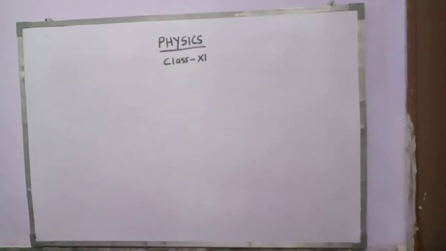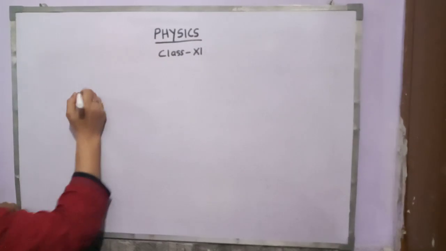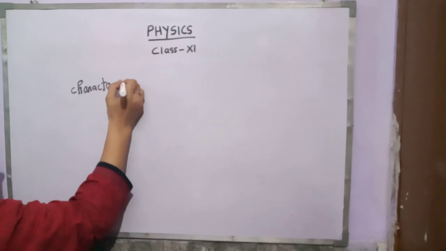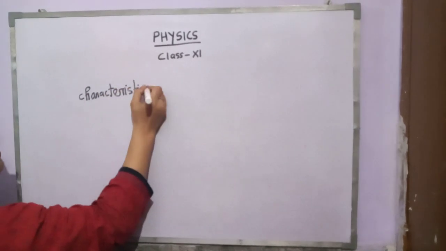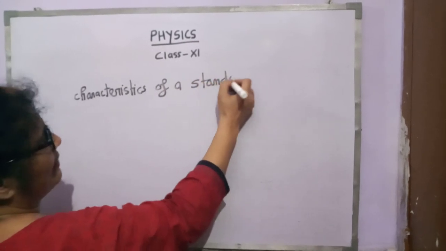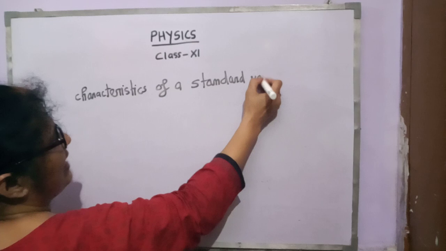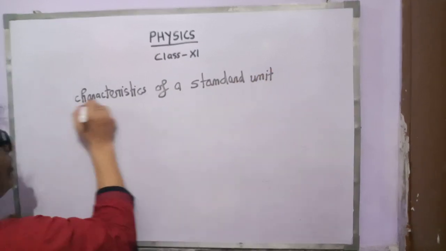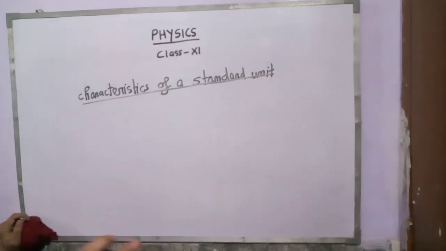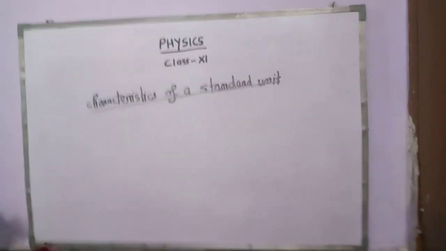Now there are many different types of unit, but what do you mean by a standard unit? What should be the qualities, the characteristics, of a standard unit? A standard unit means that unit which is accepted worldwide. Why is the value of 1 kilogram the same worldwide? Why is 1 meter the same worldwide?